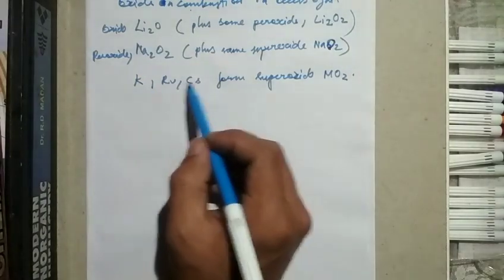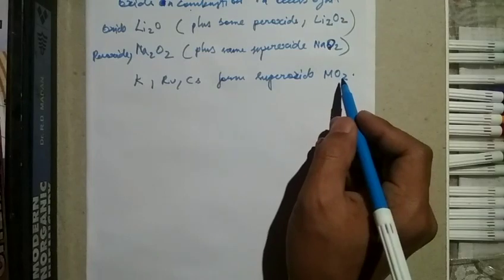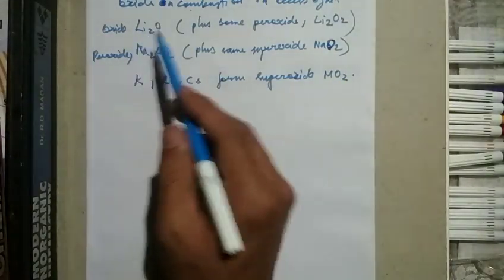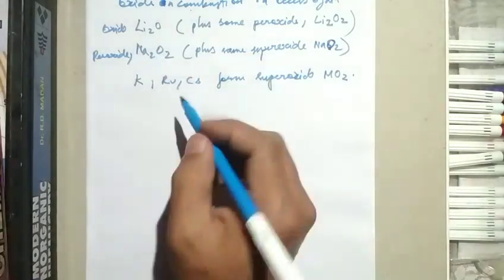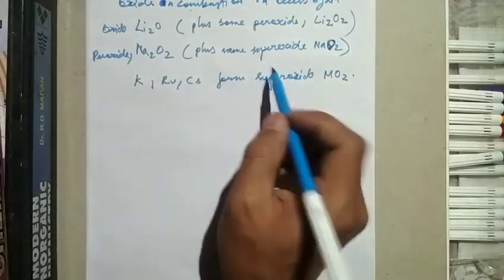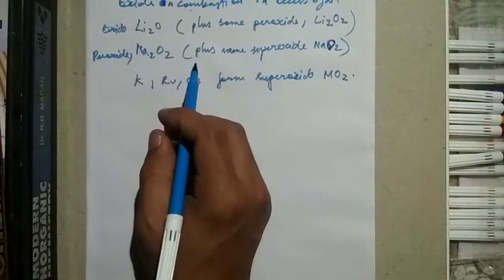Potassium, rubidium, and cesium are larger, and that is the reason why they form MO2. So smaller means they form a small molecule. These superoxides, peroxides, and even oxides are stable.